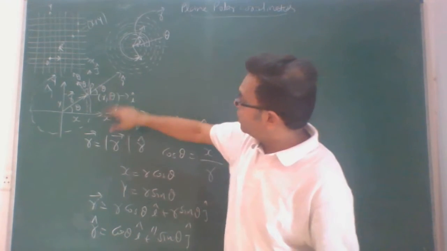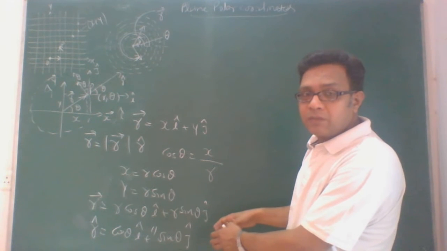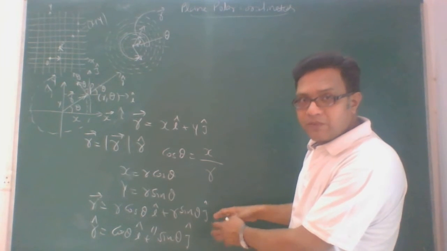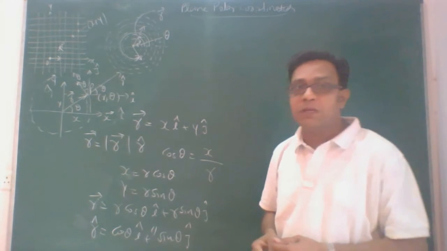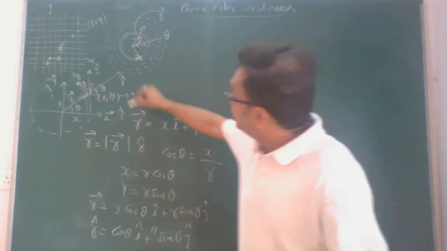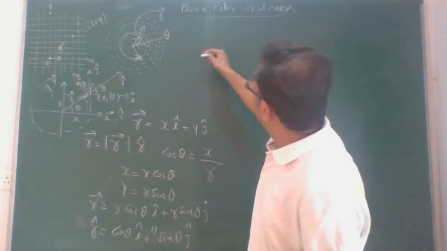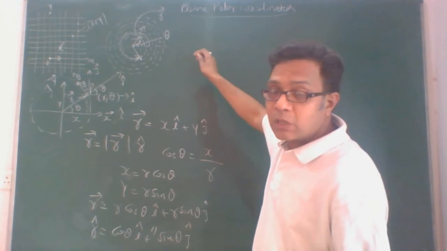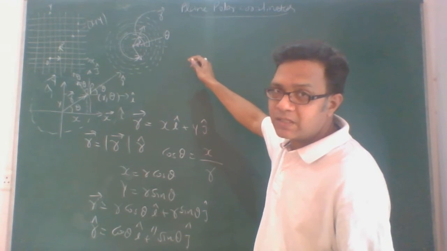As I already know r cap in terms of i cap and j cap, do I know the theta cap as well? So again, I will be using the same triangle, where I can see that theta cap also has its projections on the i cap and j cap axes.